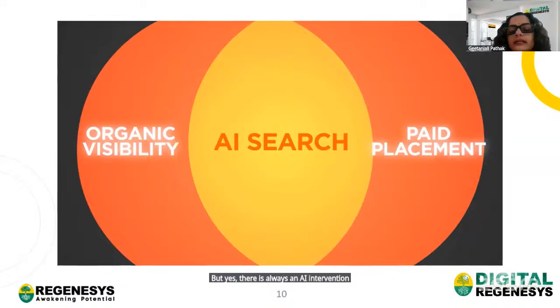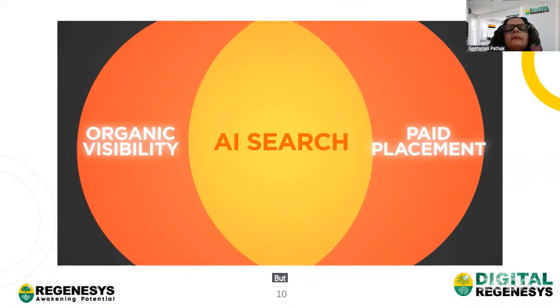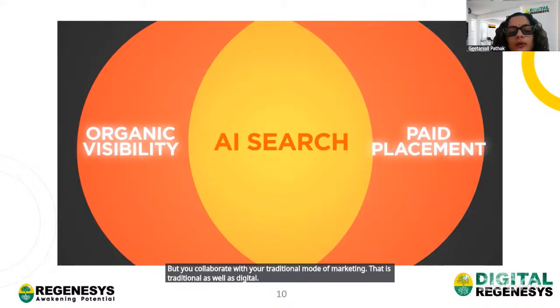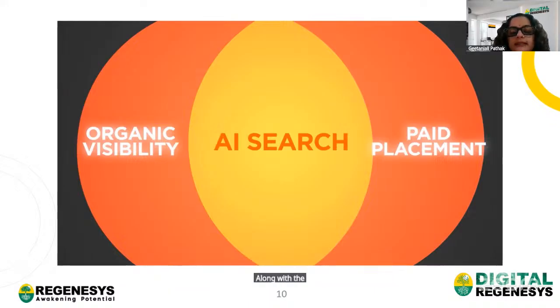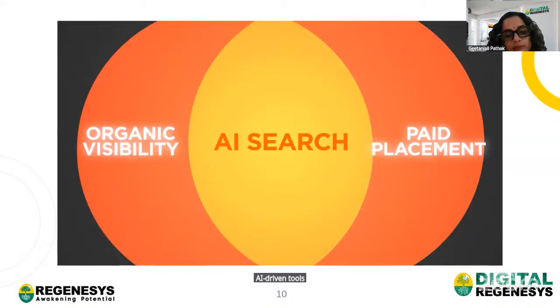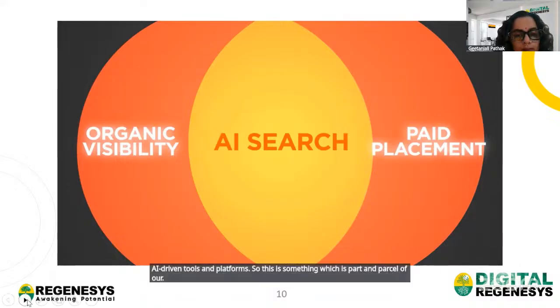As a digital marketer, you cannot just replace traditional marketing, but you collaborate with it, along with organic visibility and paid performance, where there is an immense intervention of AI-driven tools and platforms. This is part and parcel of our digital marketing domain.